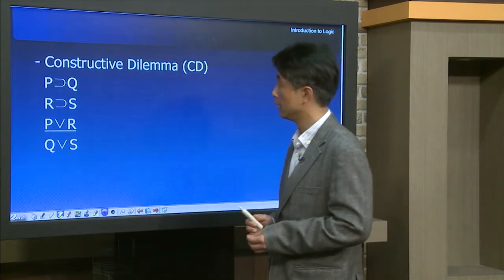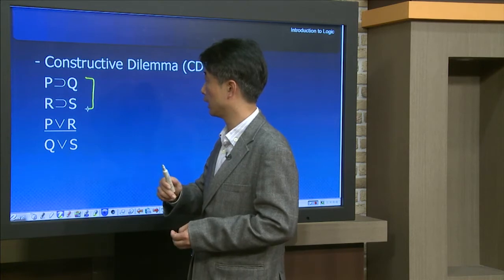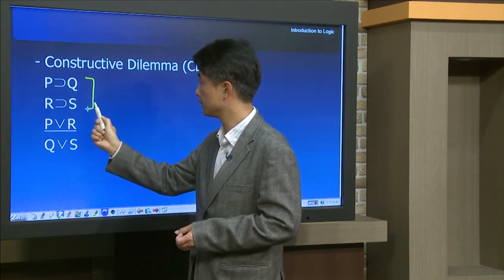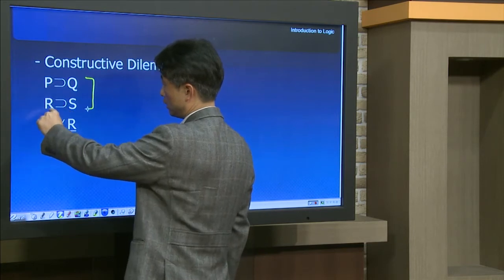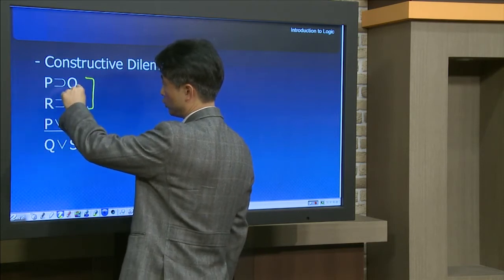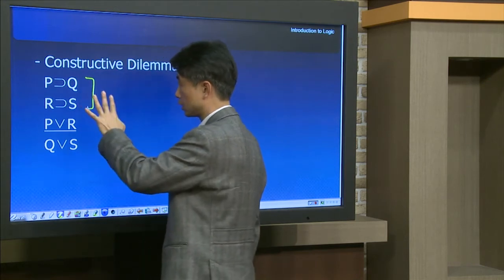Constructive dilemma: you have two conditional statements like that, P then Q, R then S, and it says P or R, then you can derive Q or S. That's constructive.